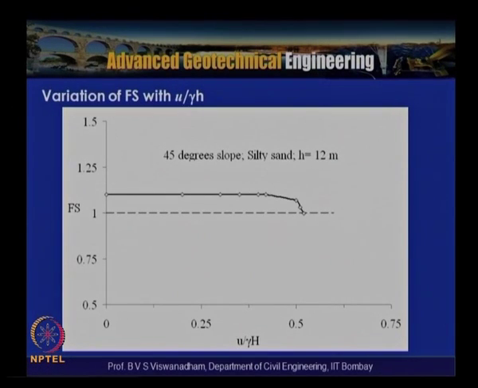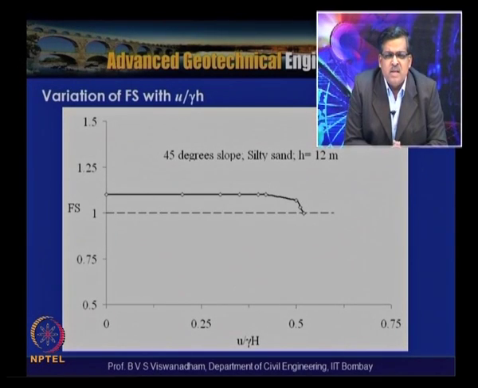So with an increase in U by gamma h, which is nothing but the pore water pressure measured at a certain horizontal distance from the crest of the slope, normalized with the bulk weight of the soil times the height of the slope, you can see that once this U by gamma h value attains 0.5 for a 45 degree slope, the slope attains a value of 1.